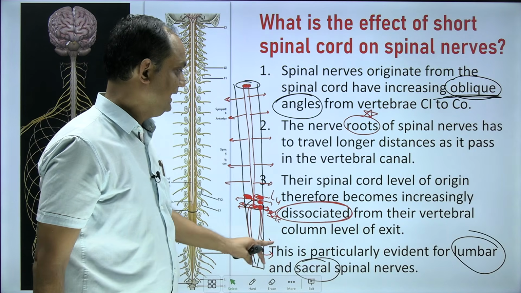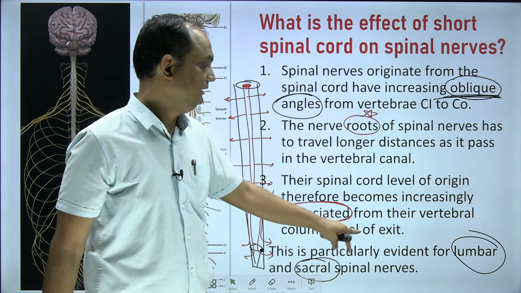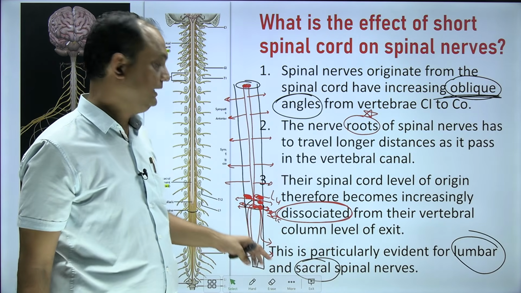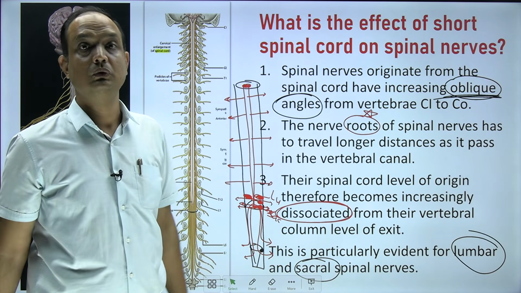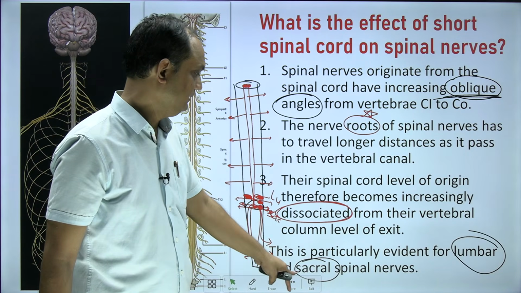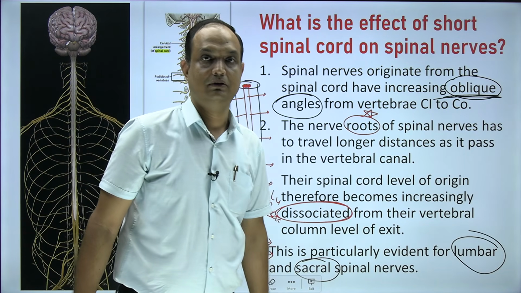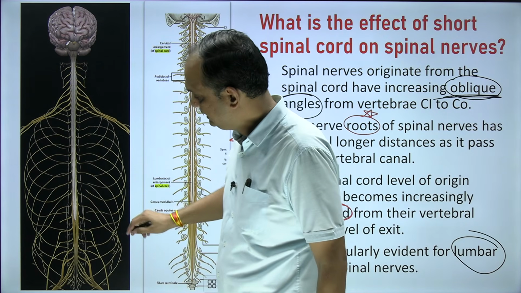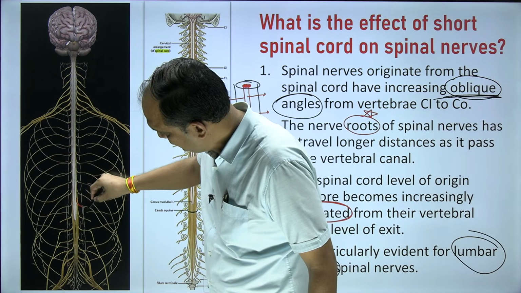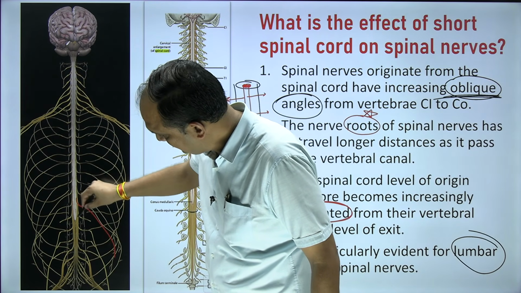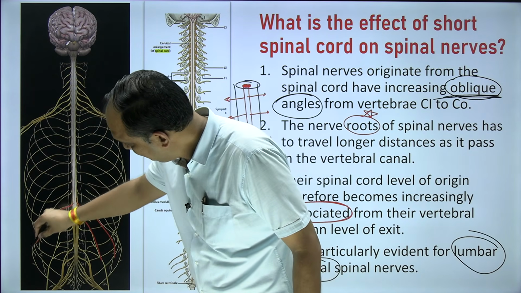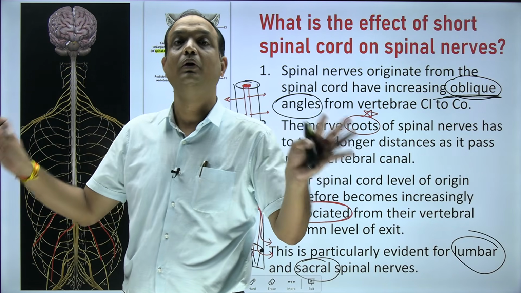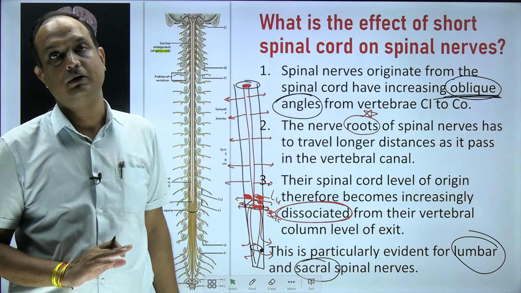So their vertebral column level of exit is changed, and because of this you will find obliquity in the spinal nerve roots, and this is more pronounced in the lumbar and sacral spinal nerves. Clear? In this image you can see that the lower nerves, or the lumbar nerves, have to go obliquely downwards because they have to come out from the corresponding intervertebral foramina.